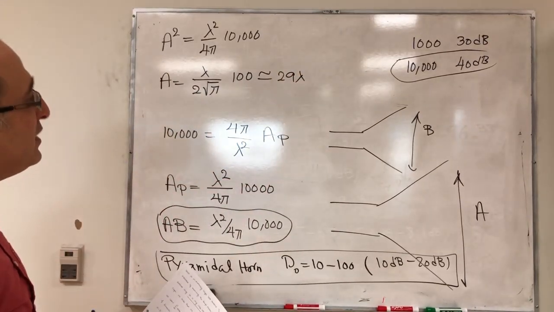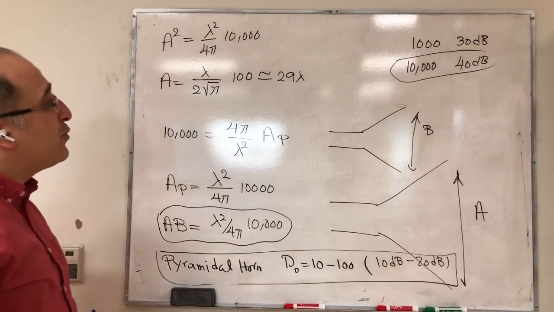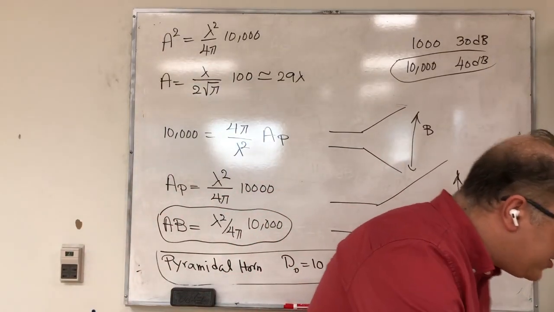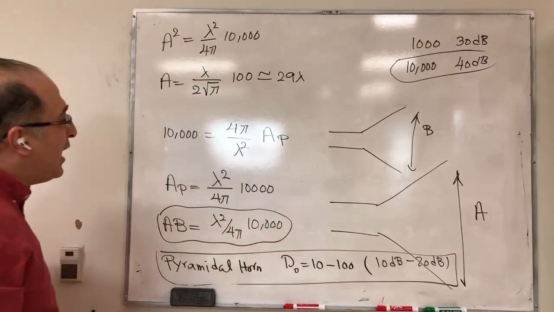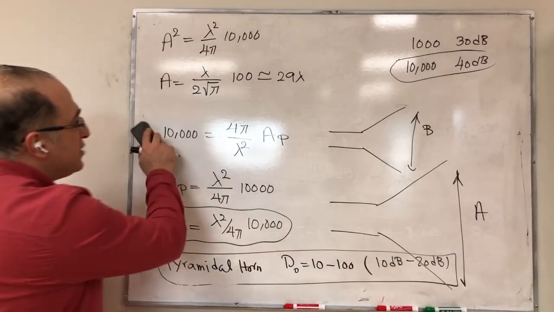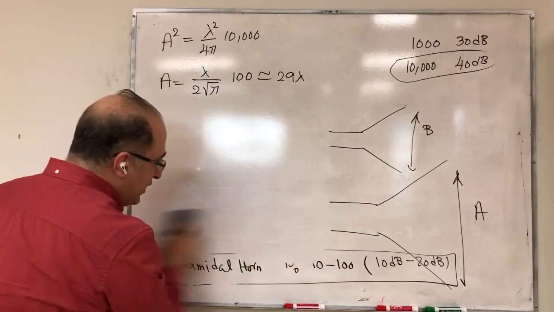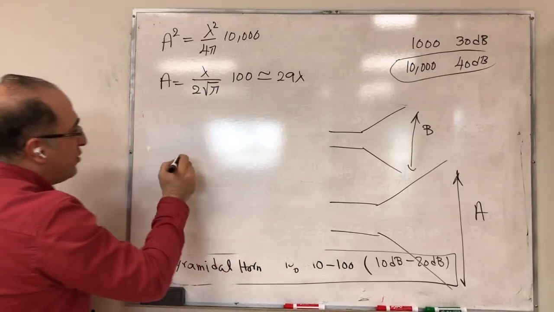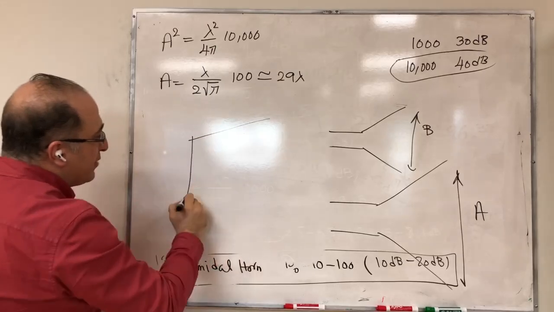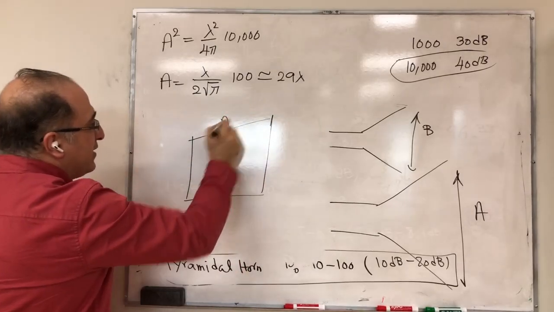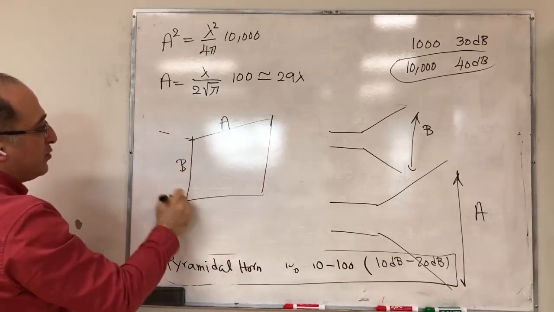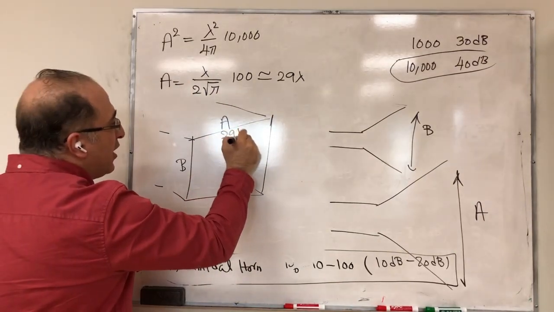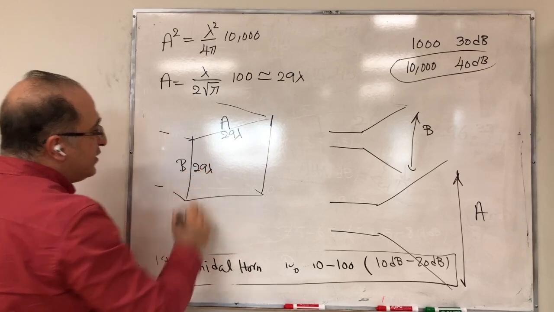So this is 29 lambda for me, and let's now check what this 29 lambda means. This means when you have a horn antenna with this aperture, which is A and B, this A is about 29 lambda.